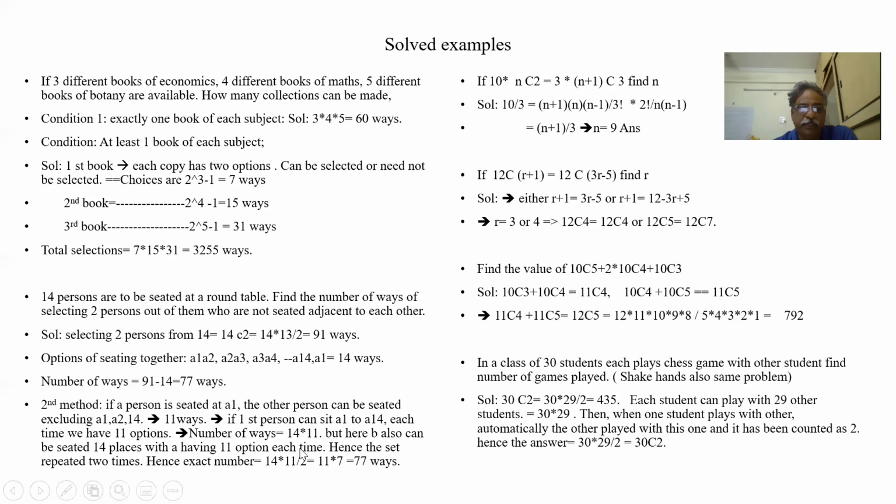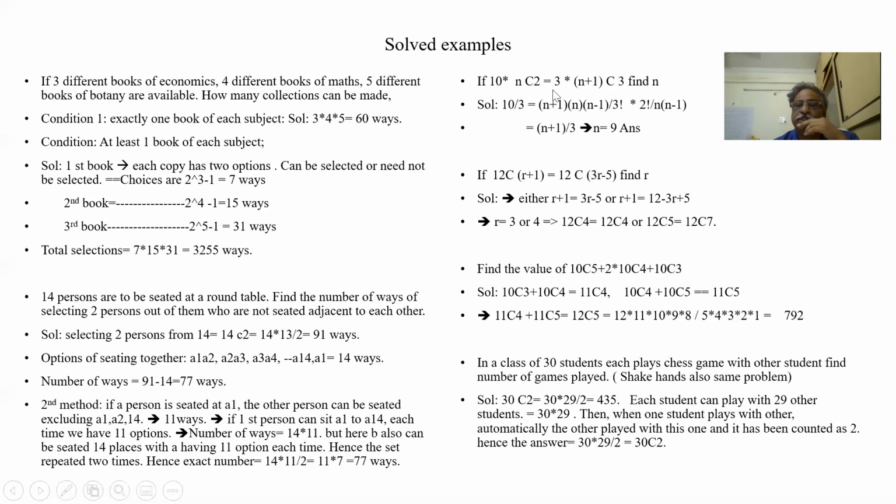So it's 14 into 11 by 2. 2 sevens are 14, 7 elevens are 77. But this is slightly, it's only to understand the concept. You're getting each seating arrangement 2 times repeated, A to B and B to A. In permutation this is allowed, but in combination it is treated as 1. So dividing by 2 factorial, I'm getting 77.